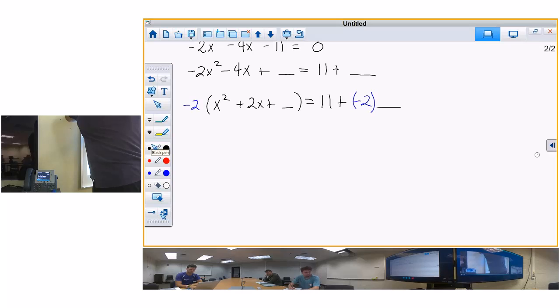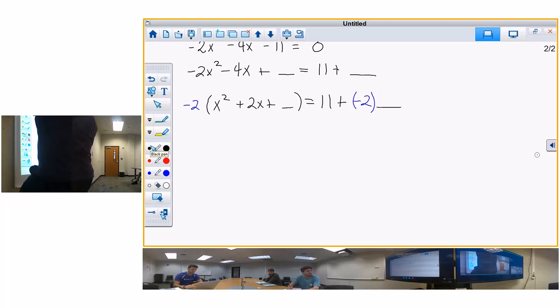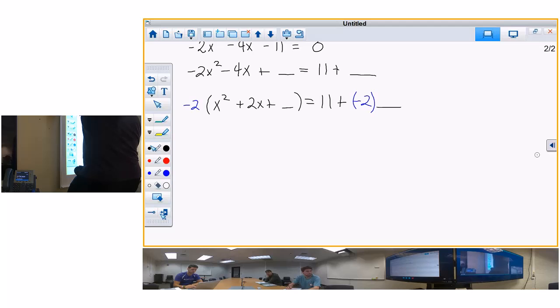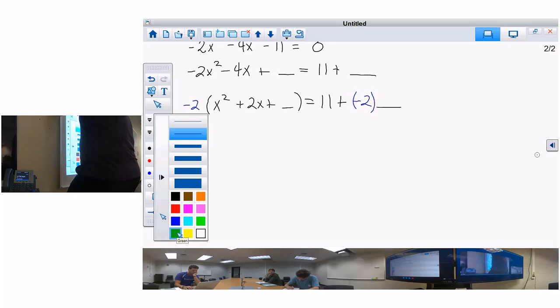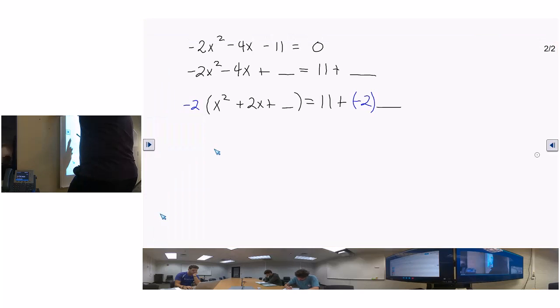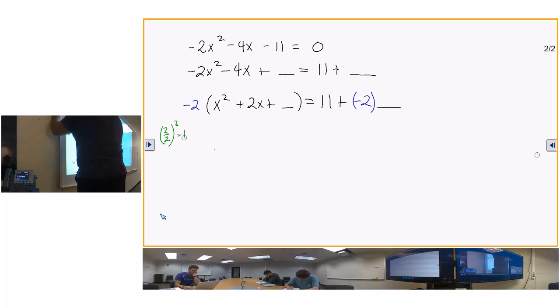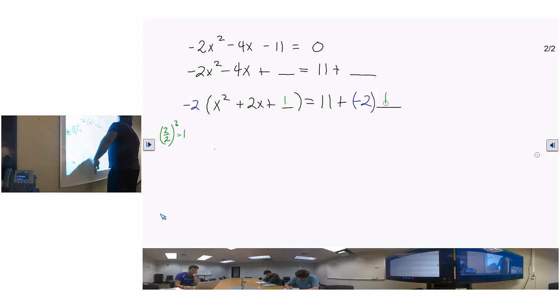Now there's a derivation to show you why you have to do that, but unless you really want to see it, just take my word for it. Okay? Half of 2, we'll do this in green. I'll do it over here out of the way. 2 divided by 2 squared is equal to 1. So we're going to put a 1 here and a 1 there.